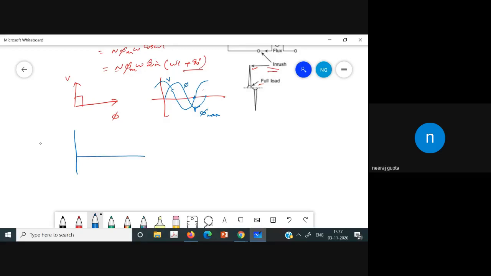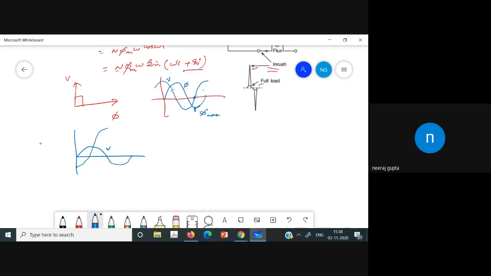Now we will have the voltage waveform, let us suppose, and the flux lags the voltage by an angle of pi by 2. So this is the flux.